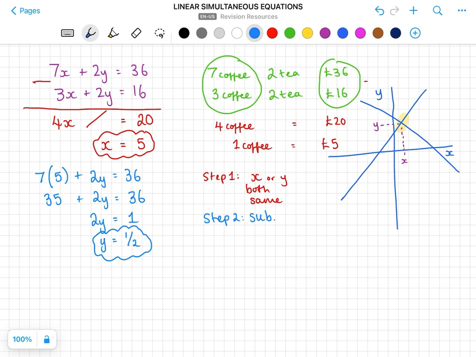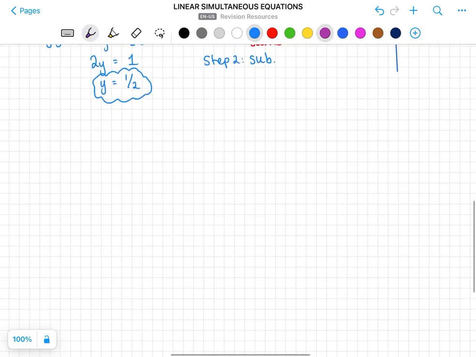Now let's look at an example of equations where the value of x and the value of y are both different in our equations. 4x plus 2y equals 9 and x minus 4y equals 9. So what we want to do here is multiply up so that we can then cancel out one of our values of either x or y.